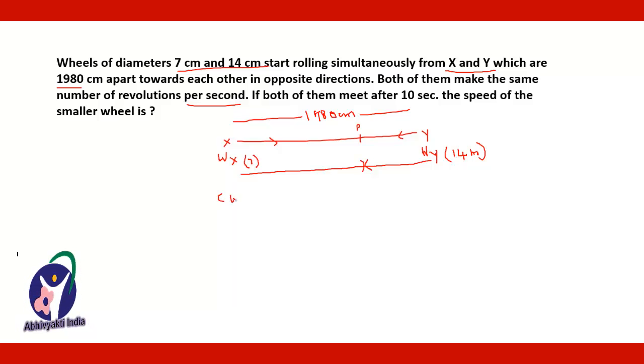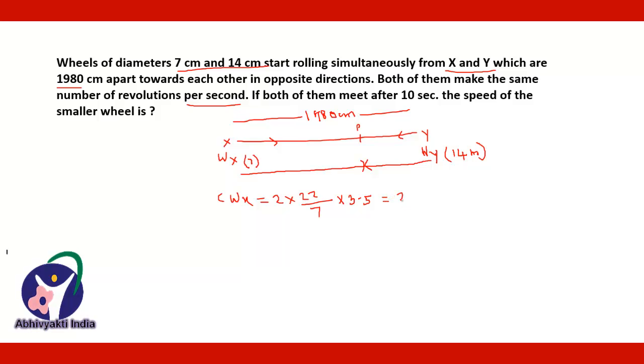Therefore, the circumference of WX wheel will be equal to 2 pi r, that is 2 multiplied by 22 by 7 multiplied by 3.5, and that comes to 22 centimeter. Similarly, the circumference of wheel Y will be equal to 44 centimeter. You will solve the same way.